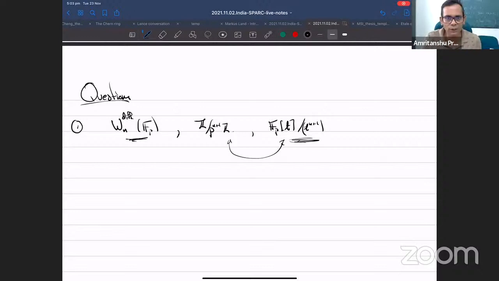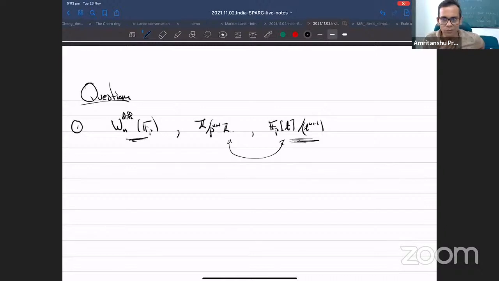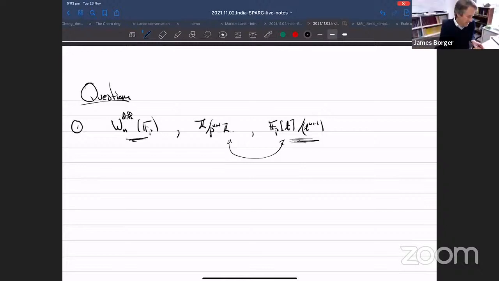But they're both local rings of length n or n plus 1, with the same residue field. So somehow it's very strange that one doesn't. Are there any more? Can we understand all these things? I don't know.